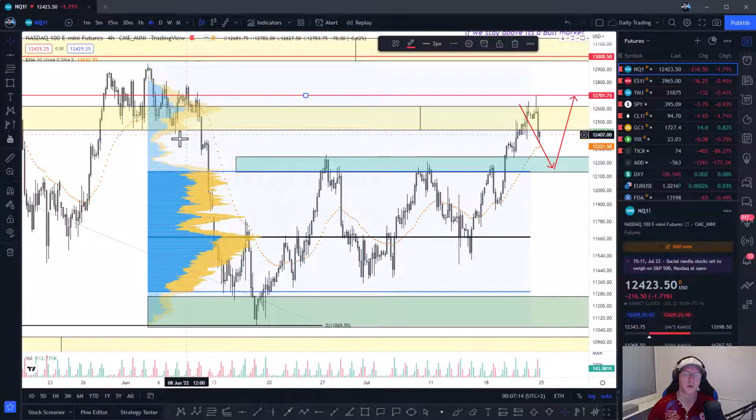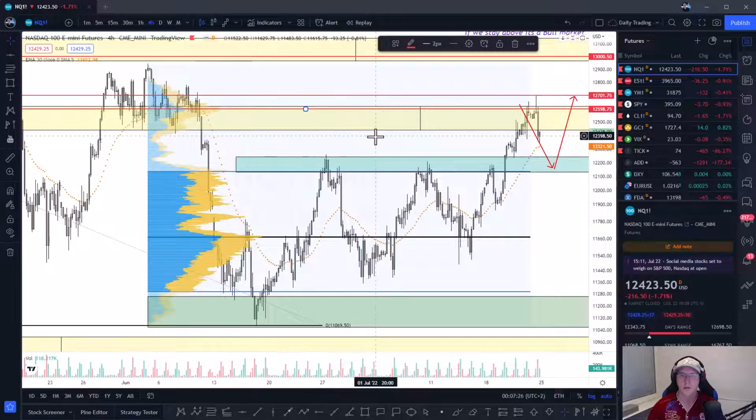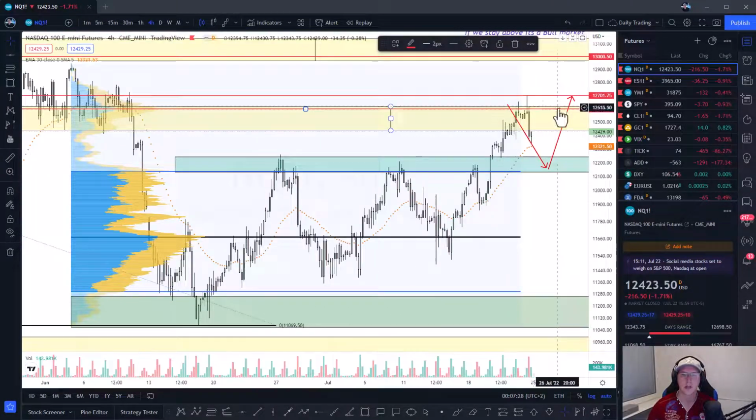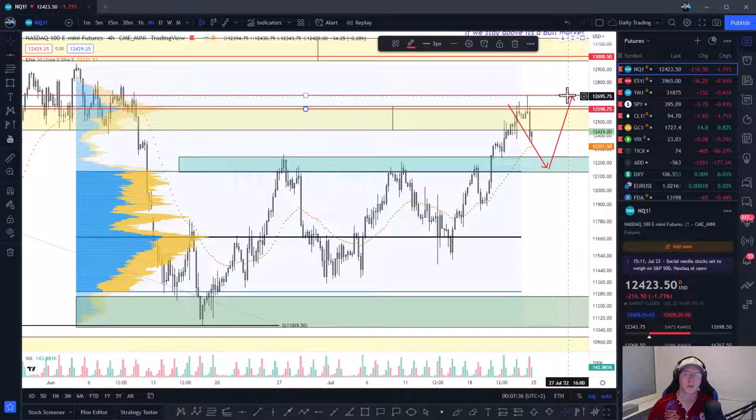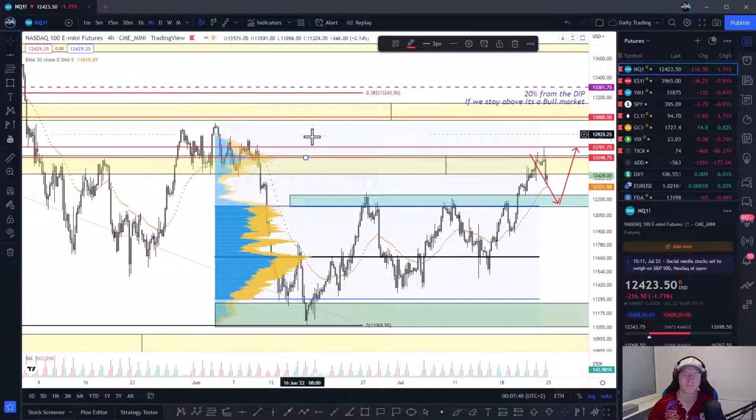It is very pointy, and here we have a point of control as well. So if we stay above this 12,500, 12,600, we could make a try to reach the top here again.